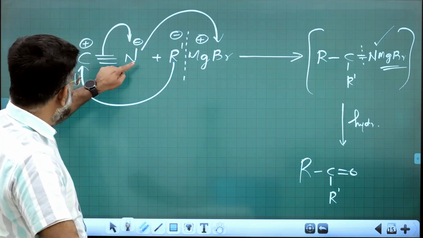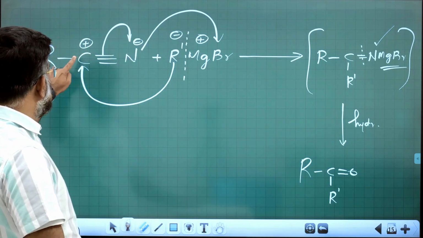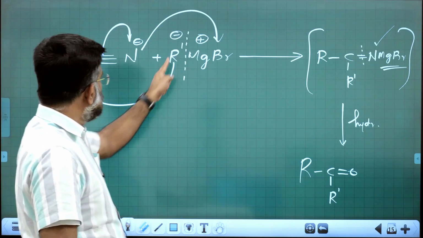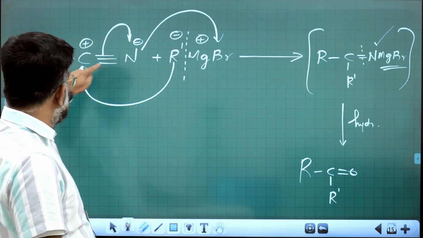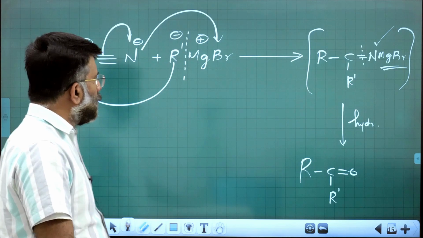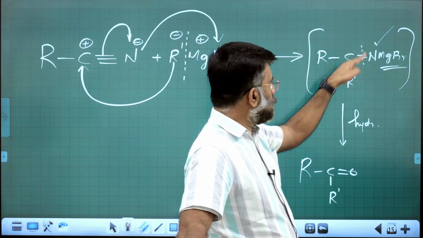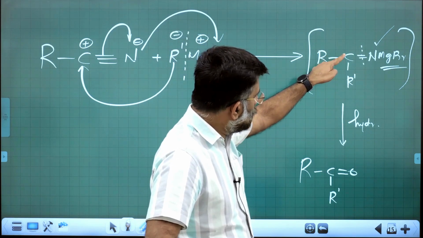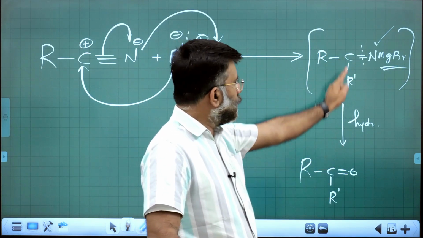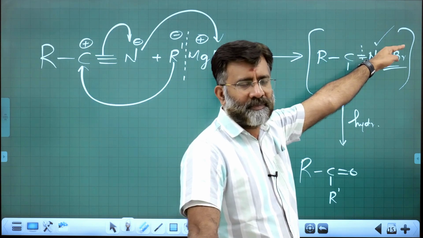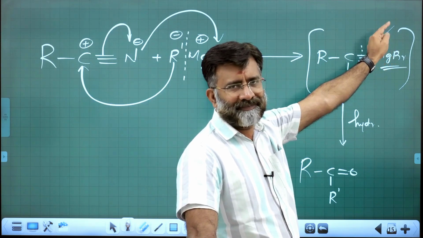So RCN polarizing as N minus C plus, C plus attacked by R dash minus and N minus attacking Mg. You get RCR dash double bond NMgBr, which upon hydrolysis gives RCOR dash. Nitrogen out as ammonia, MgBr as MgOHBr. Perfect.